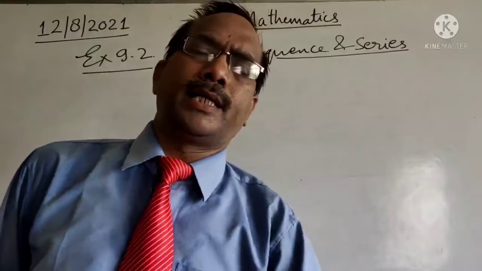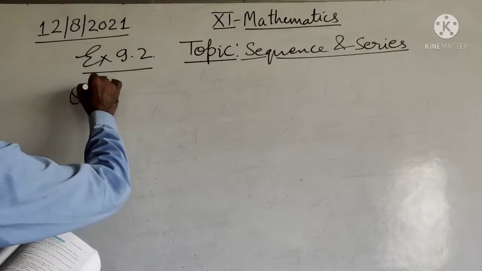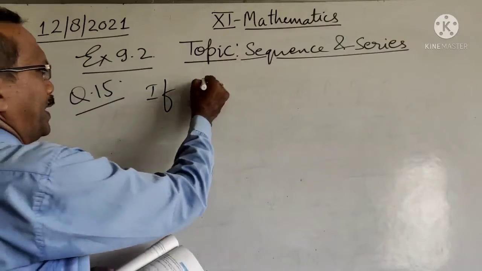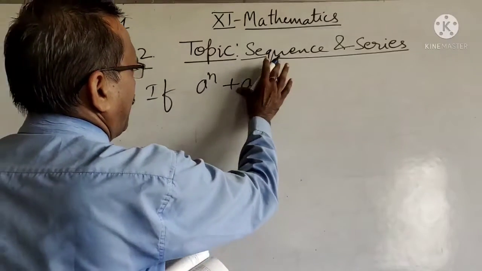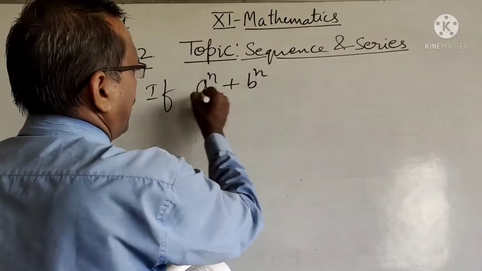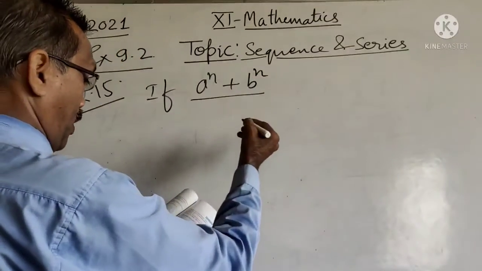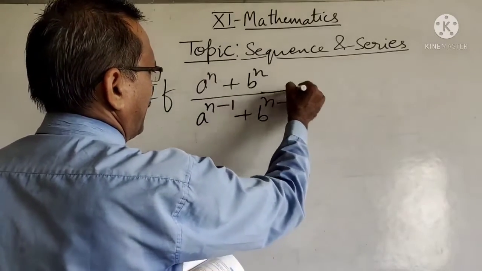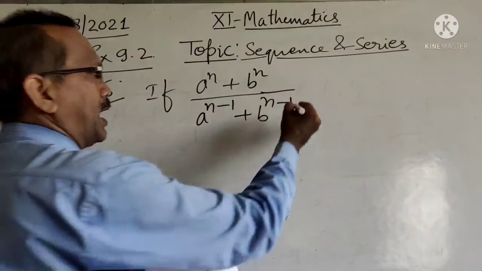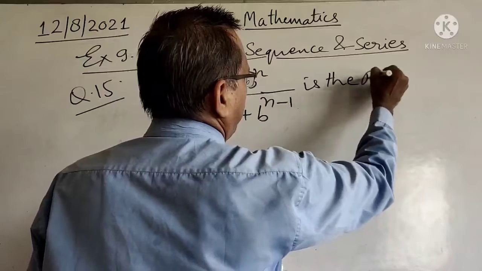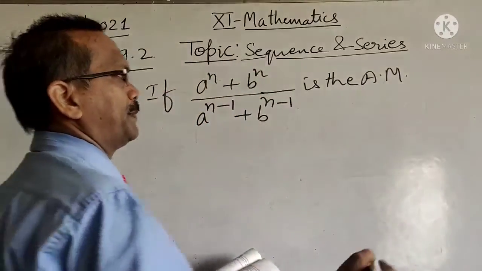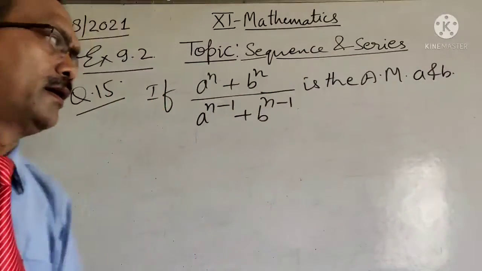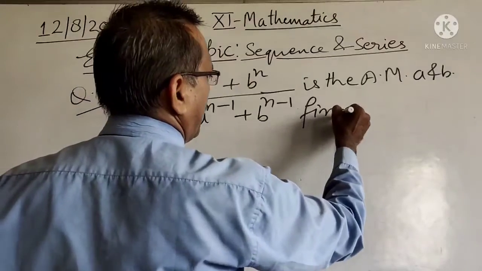Dear student, next is question number 15. If (a power n plus b power n) upon (a power n minus 1 plus b power n minus 1) is the AM between a and b, then find the value of n.